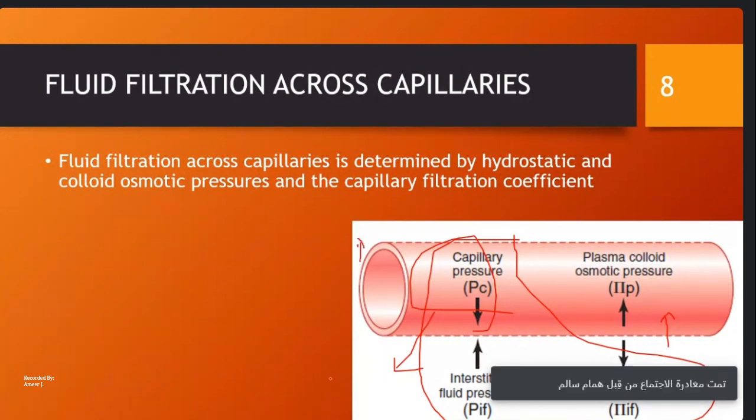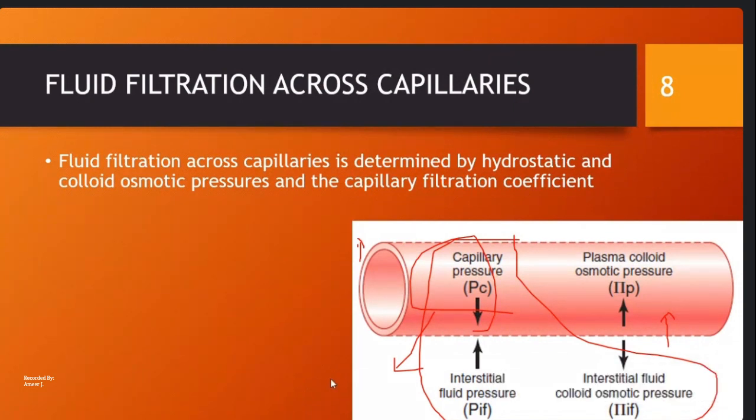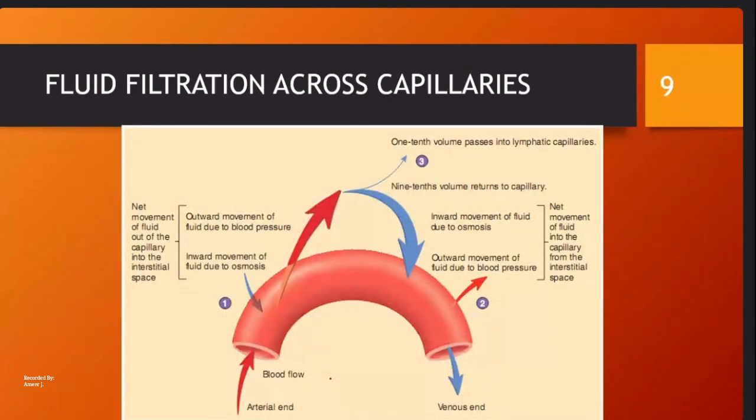Therefore, because the pressure is high, blood will lose its water, and water will filtrate into the interstitium, as you see by this red arrow. But when the blood reaches the middle site and then the later part of the capillaries, the pressure will drop to very low levels.